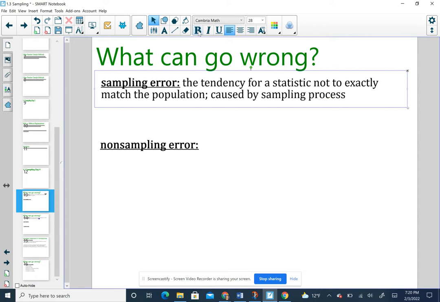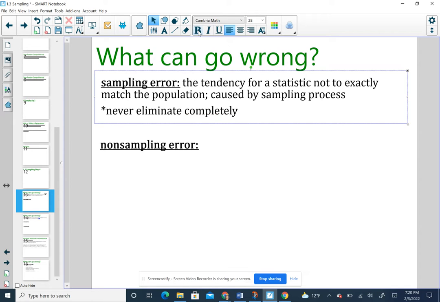This is just caused by the sampling process in general because of the differences and variations between people, between genders, and this can never really be eliminated completely. And just know our sample is not a complete picture of the entire population.